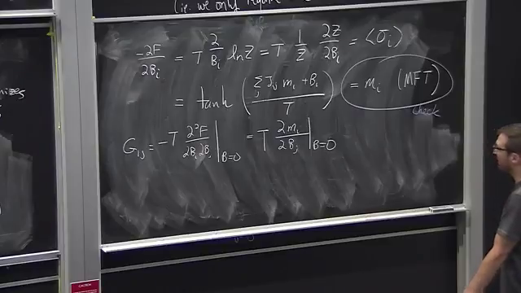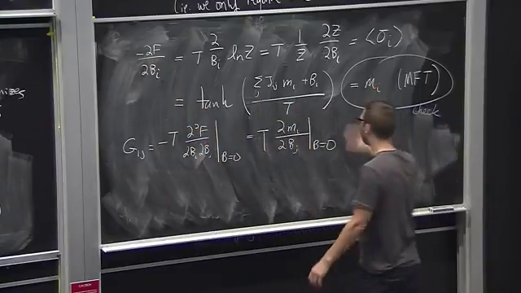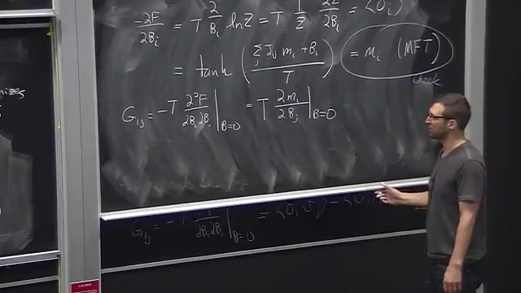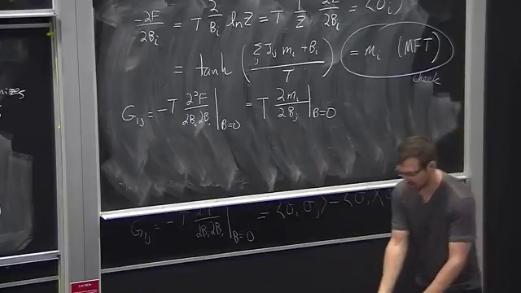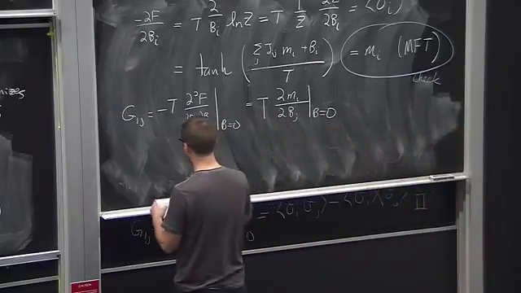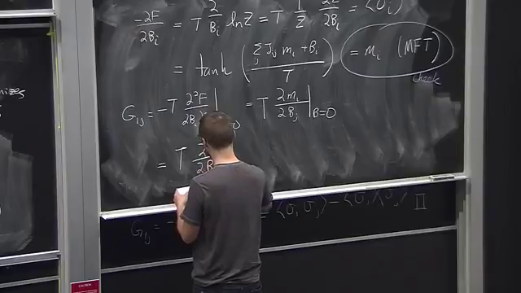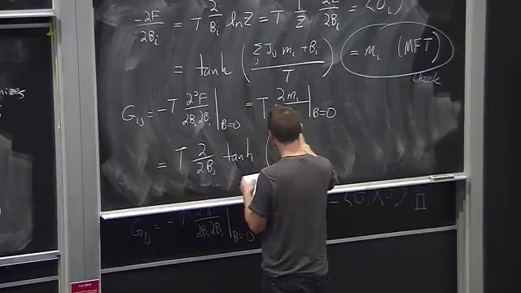Okay, and I've taken one derivative out, which is this here. And I've just written that in terms of the partial derivative of that m, which is that tanh expression. Okay, so hyperbolic tangent.